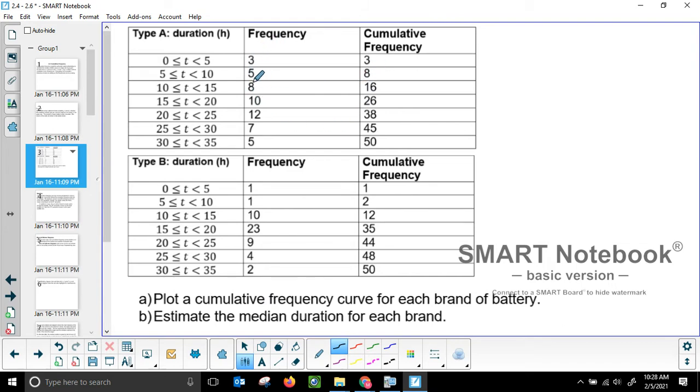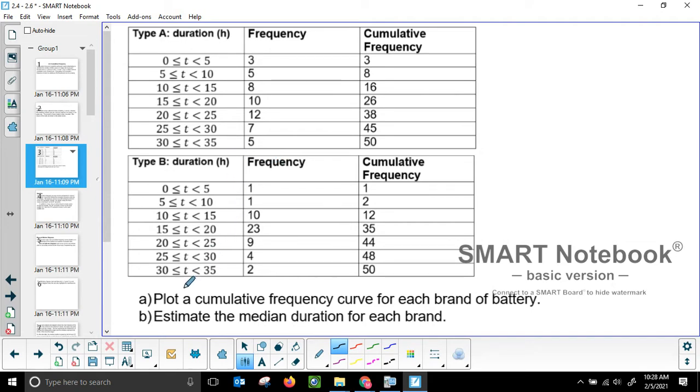Then the next group has 8, so 3, 5, and 8 makes 16. The next group has 10, so 16 plus 10 is 26. Add 12 more, add 7 more, add 5 more. Of course, your final cumulative frequency should be your sample size. In this case, there were 50 batteries of each type.